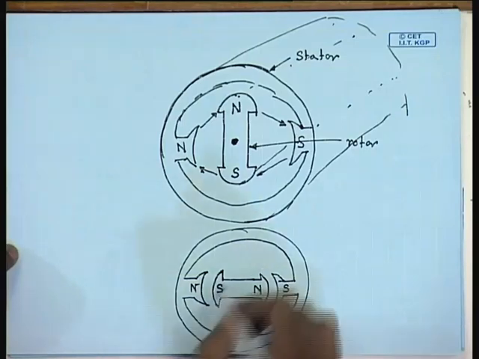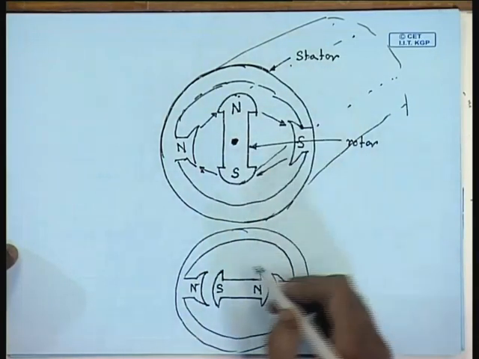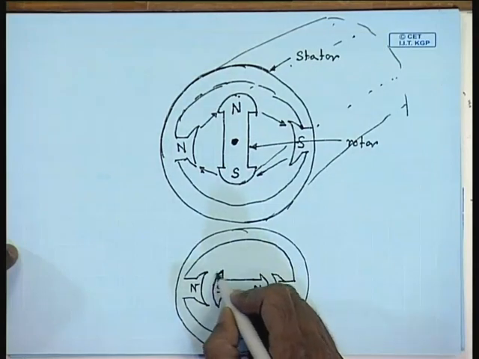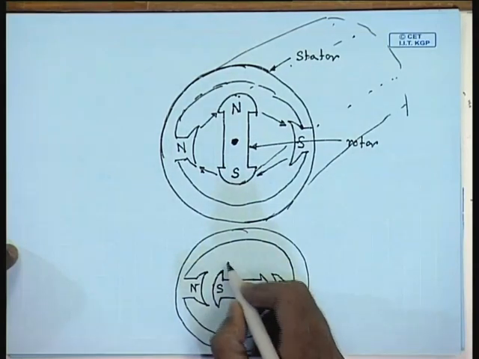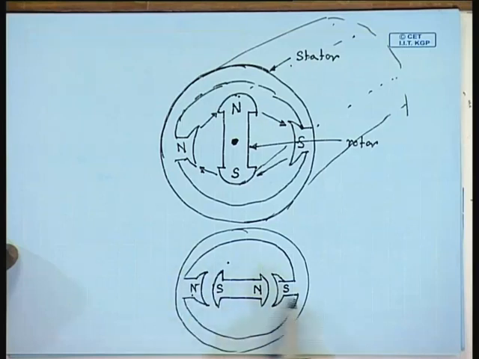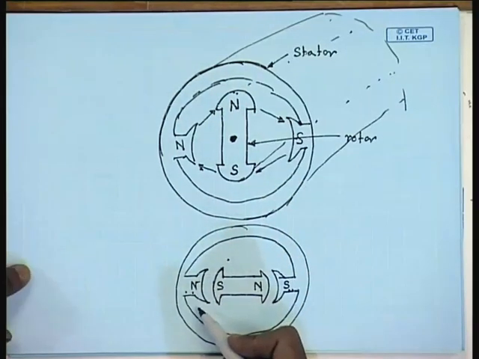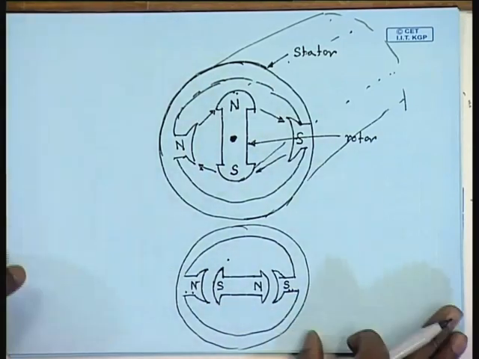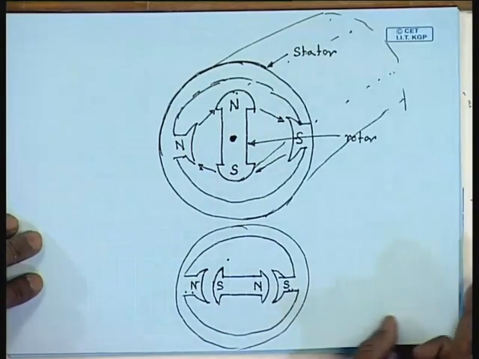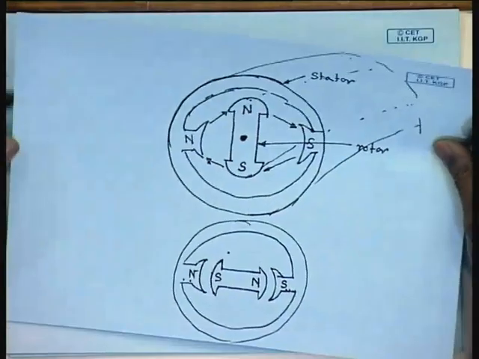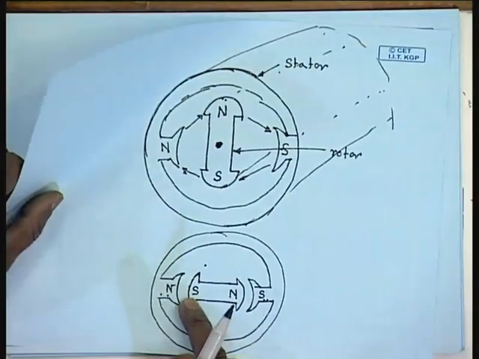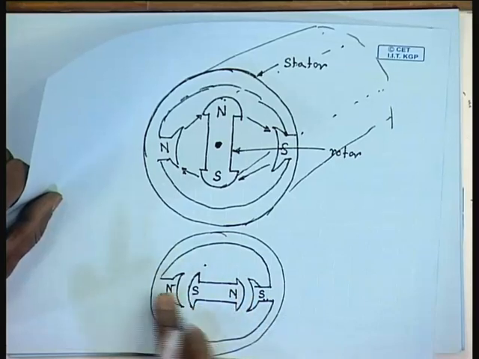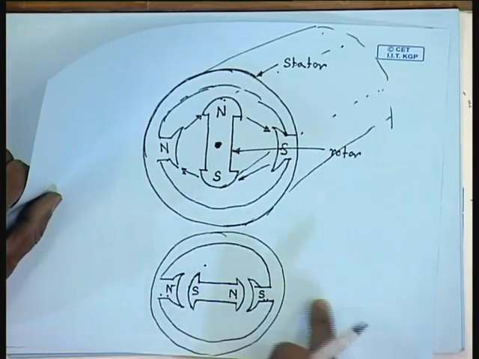In fact, the rotor will not stop here, because it was moving, it will somewhat overshoot this position. However, if the stator north and south poles maintain this polarity, it will be brought back in this position because there will be an opposing restraining force. However, now let us consider a different situation. Just when it is aligning, let us say I change the position of the stator poles.